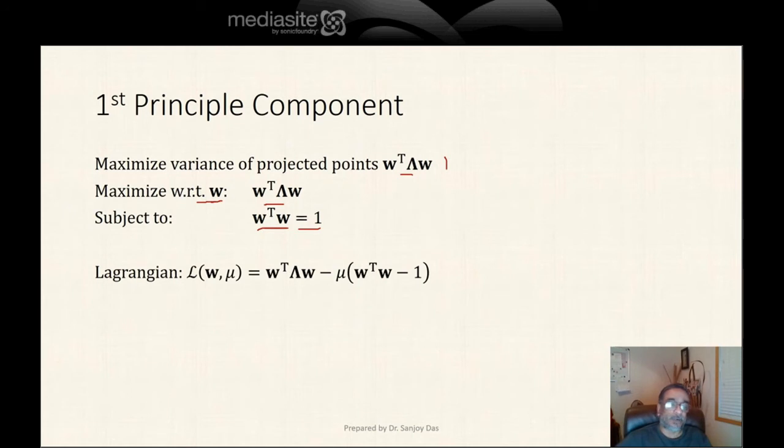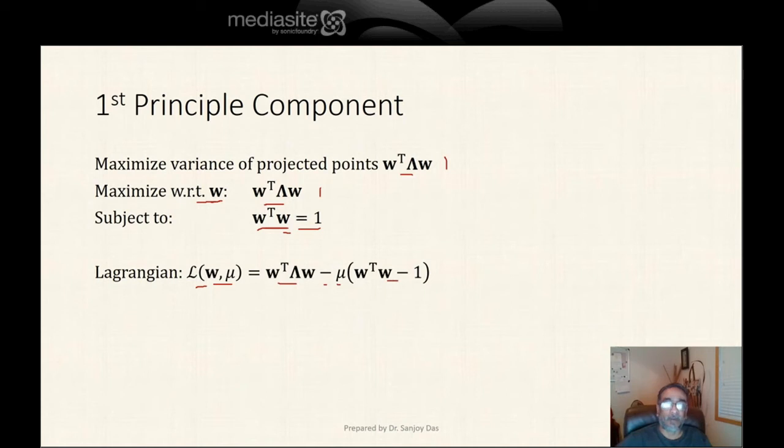Let's construct the Lagrangian of this constraint optimization problem. So we have L(W, mu) equals, the objective function is W transpose lambda W, which is this term in the Lagrangian, and I choose this negative just for convenience. And then we have a mu Lagrange multiplier times (W transpose W minus 1).